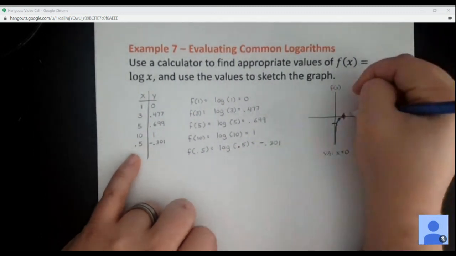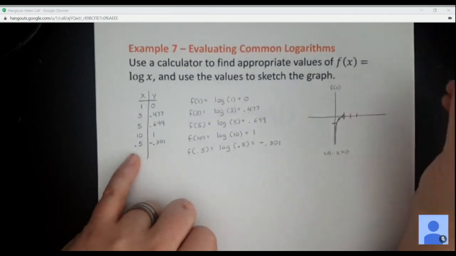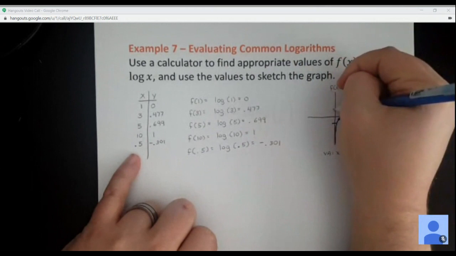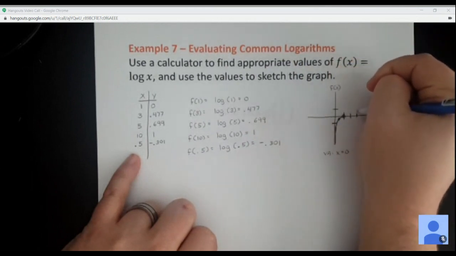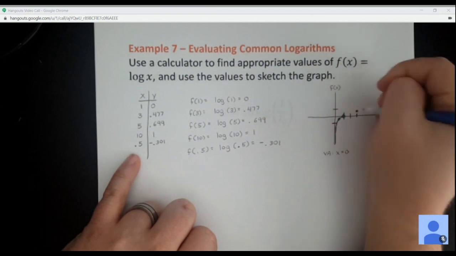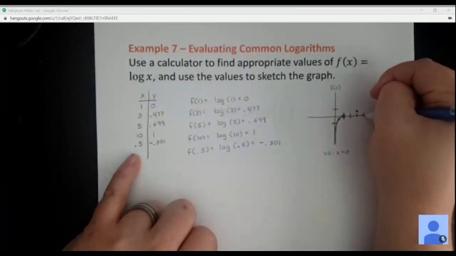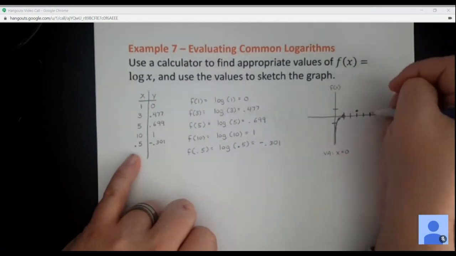Now, if I go over to 3, I'm only at 0.477, which is halfway to 1. I have a point right in here. Then when I get to 5, I'm up slightly more, close to 0.7.